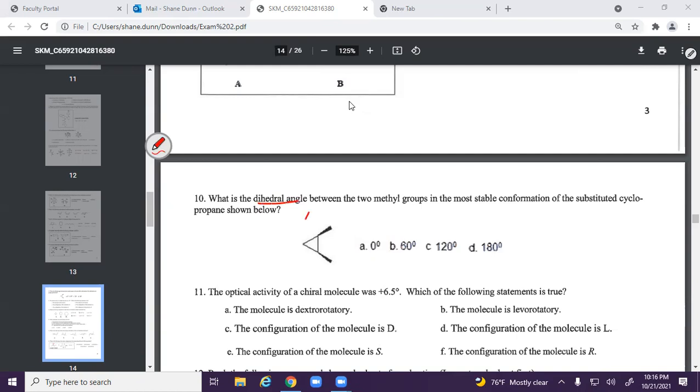So dihedral, Newman projection. Both CH3s come off each other, right?